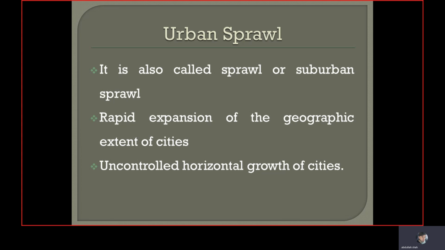It results in a rapid expansion of cities as it is the spreading of urban development on undeveloped land near a city. It is also called suburban sprawl. It results in unrestricted growth of the city, rising the urban population.